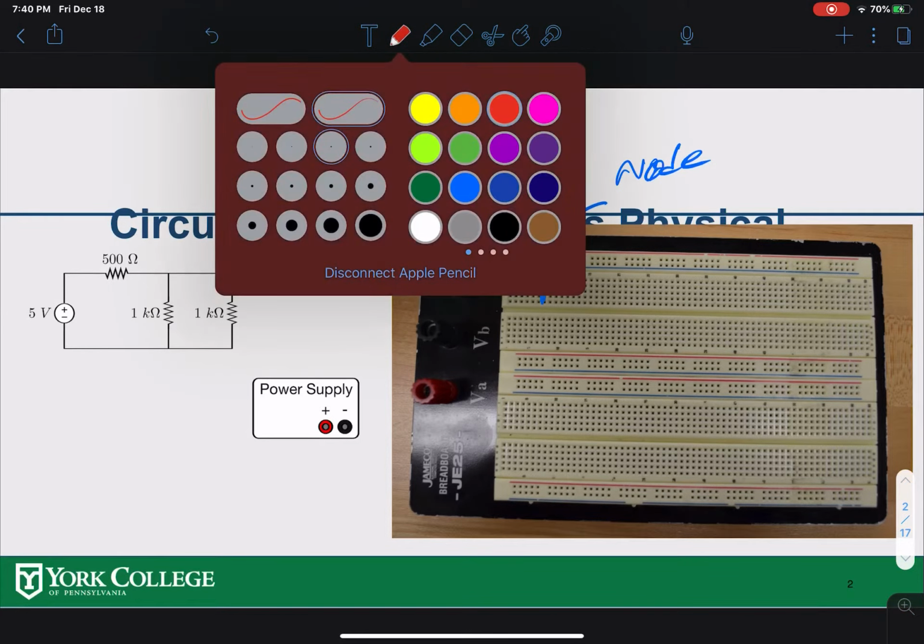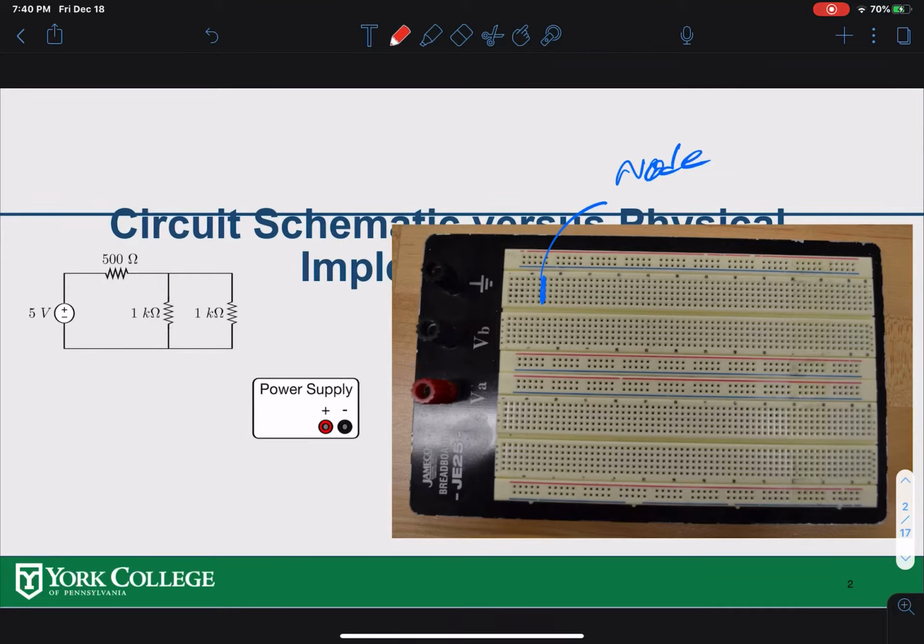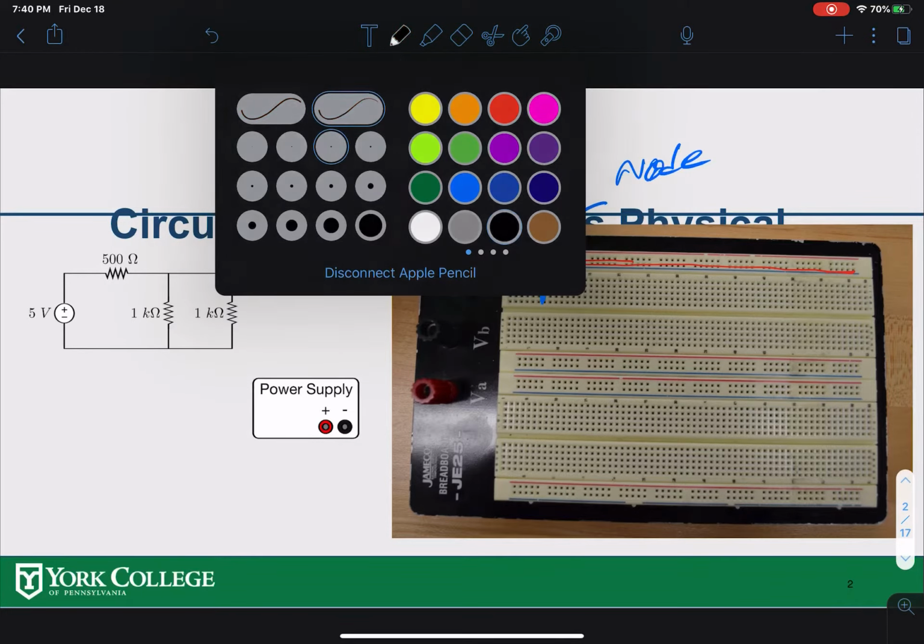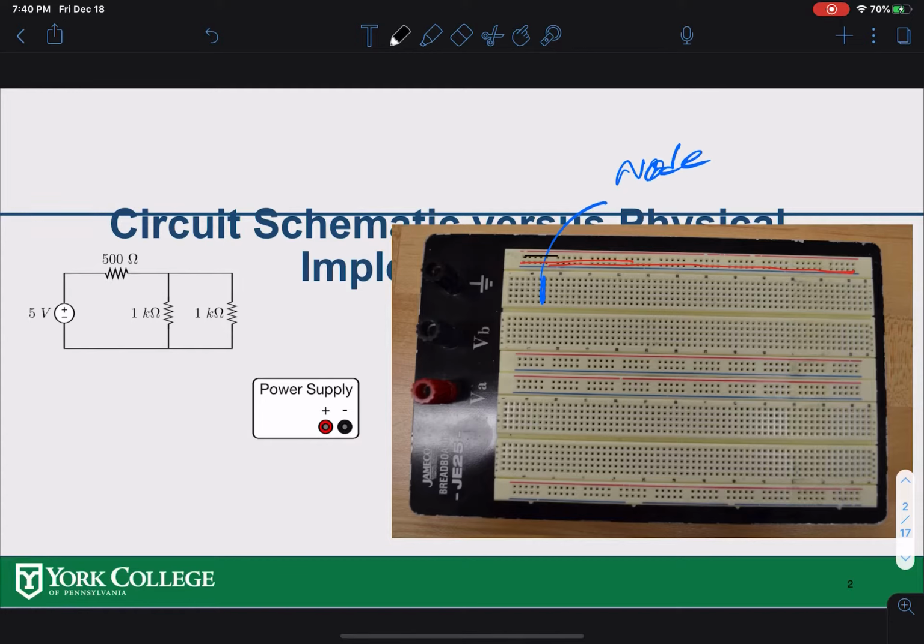Also over here, I'm going to take 2 different colors. Let me get a red one here. So red is positive. Let me see which side is positive. I cannot see which side is positive. Let's assume that this side is positive here. So the bottom one, if this is positive, that whole rail is connected together. We call them a bus. And if the top one is negative, I'm going to do it with a black one here.